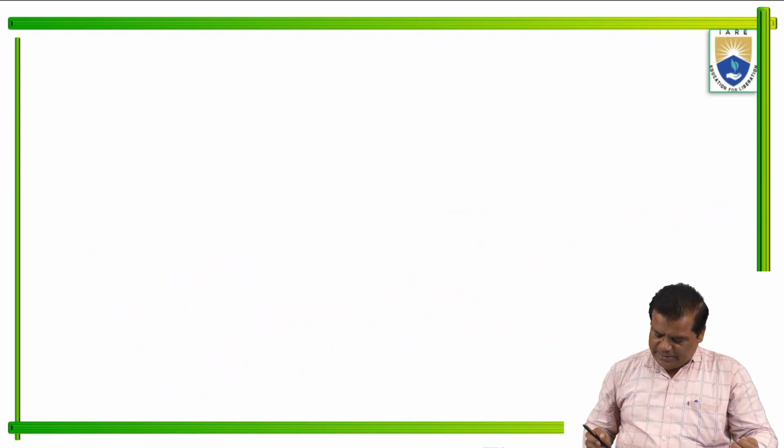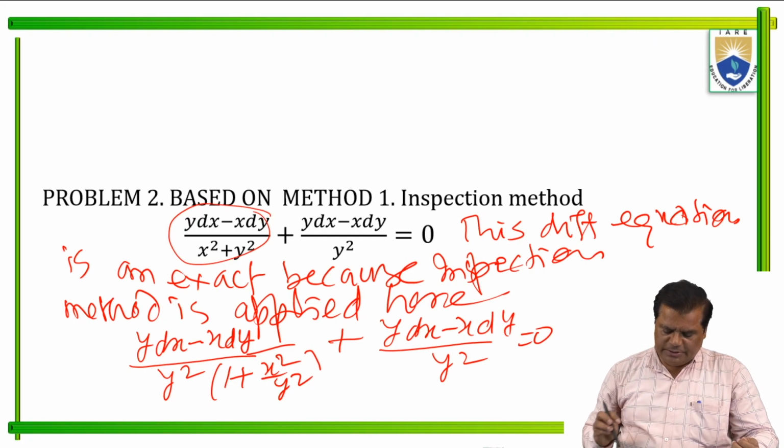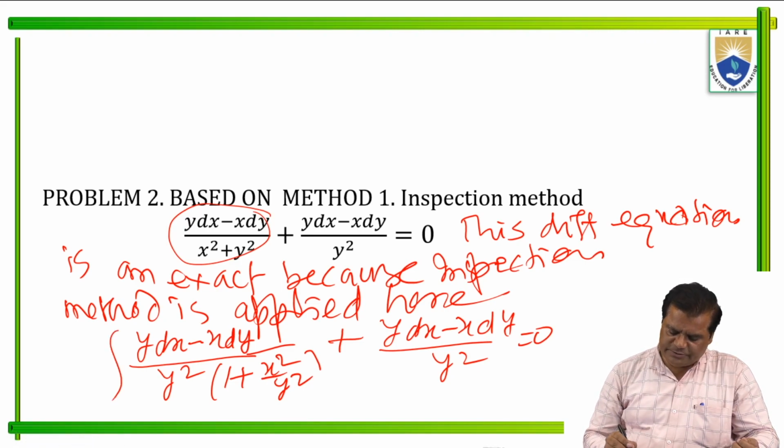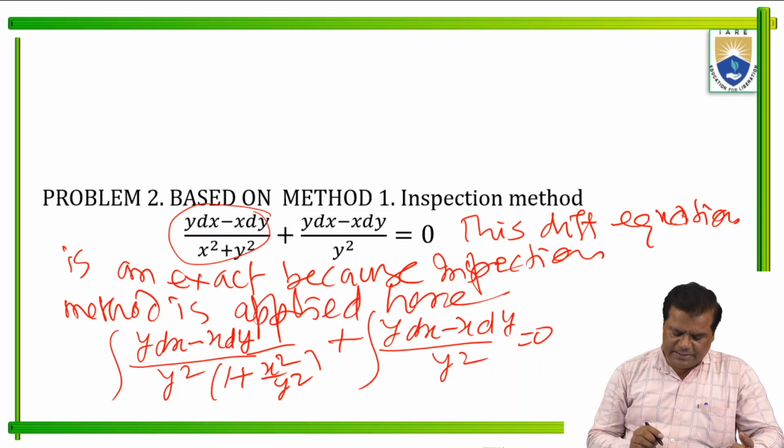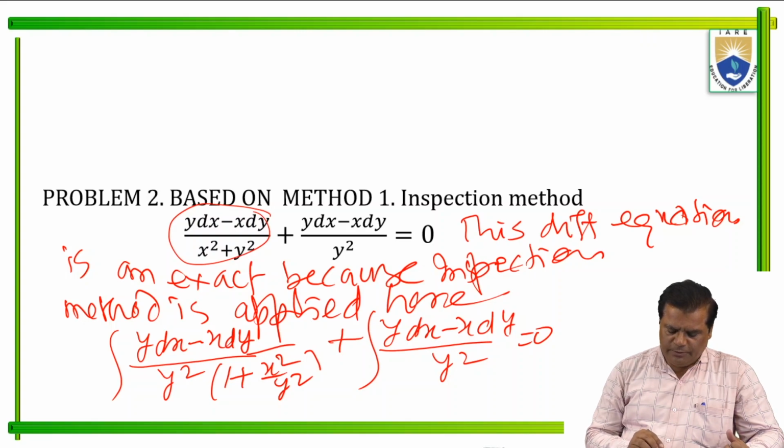Now the next result, integrating on both sides. So integrating on both sides, what is the result here? X upon y, this is x upon y.